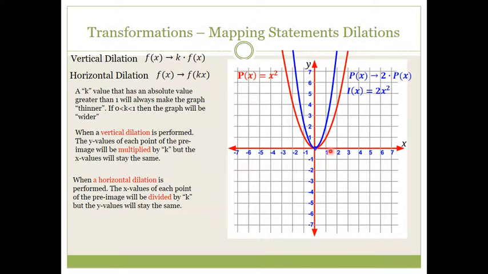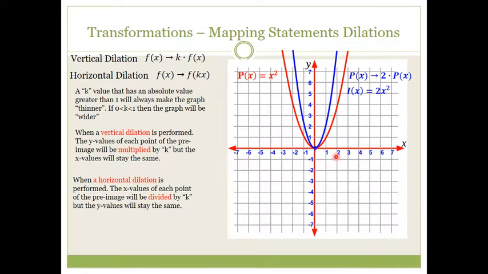So in this case, for each x, notice in the original equation, (1, 1) is on the graph. And in our image, (1, 2) is on the graph. So the x coordinate stayed the same, but the y value is what got multiplied by 2. It was 1 before, now it's 2.